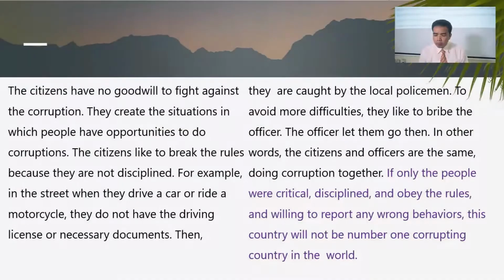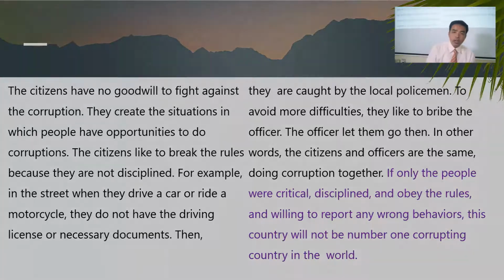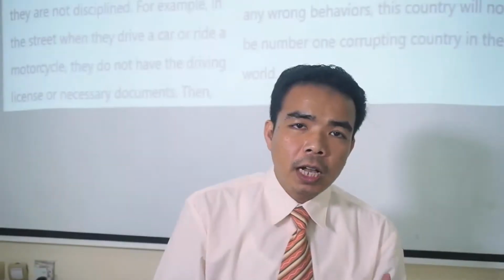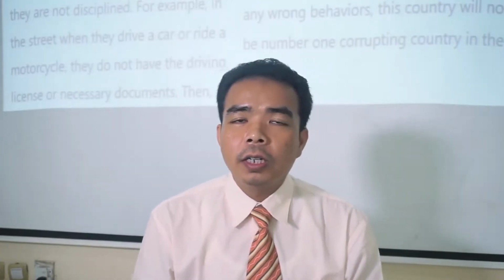If only the people were critical, disciplined, obeyed the rules, and were willing to report any wrong behavior, this country would not be the number one corrupt country in the world. This is your last argument, the strongest argument ever in your analytical exposition text.